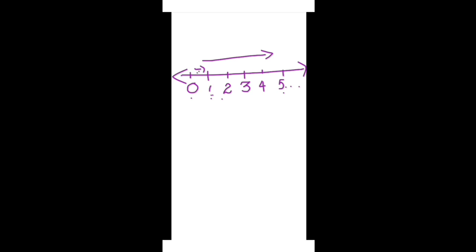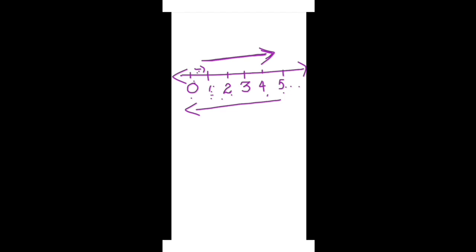This is the right side of 0 and this is the left side of 0. Then 2. 2 is on the right side of 1 and it is greater. So likewise, as you move in the right direction, your numbers will increase, and if you move in the left direction, then your numbers will decrease.